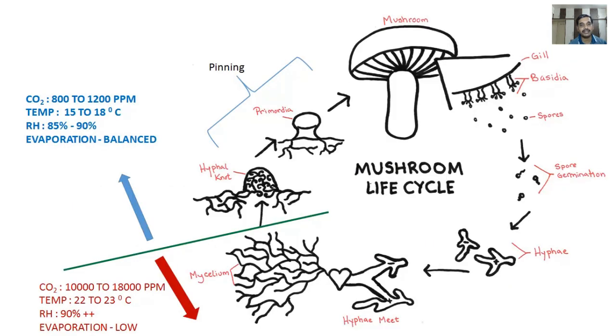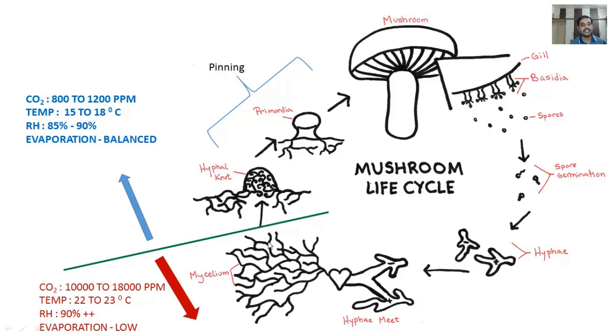So again we will repeat. We have these gills or basidia. They form the spores. The spores germinate in the compost because we are creating the right environment. Then hyphae meet, and they form hyphal knots.